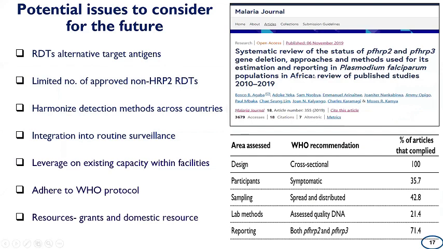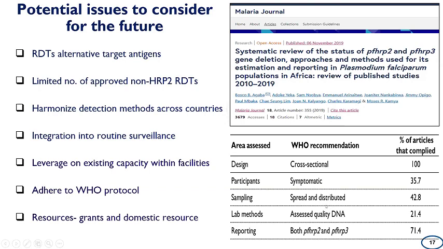We did a systematic review here, and we saw that 100% of the surveys actually followed the cross-sectional design as recommended by the WHO, but only 35% of these surveys enrolled symptomatic individuals. So the rest of the surveys were enrolling asymptomatic individuals, which is not recommended by the WHO.